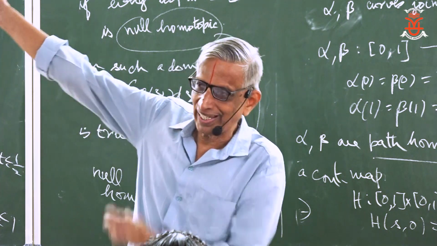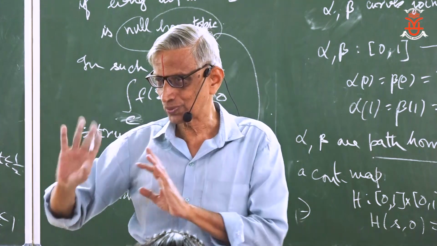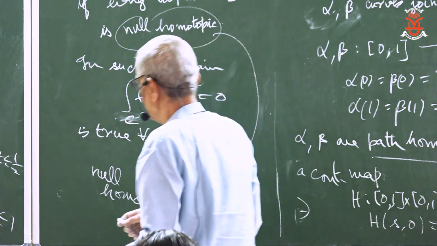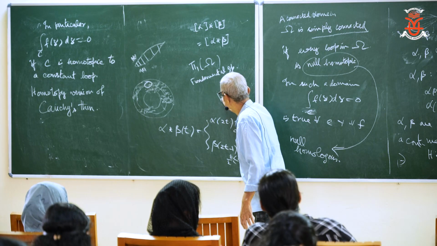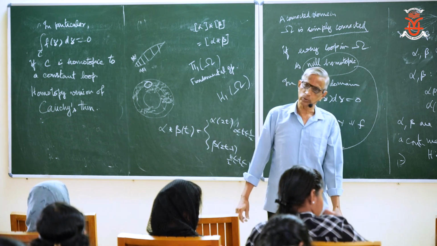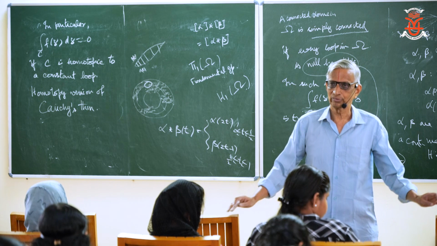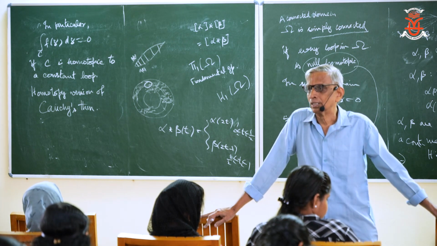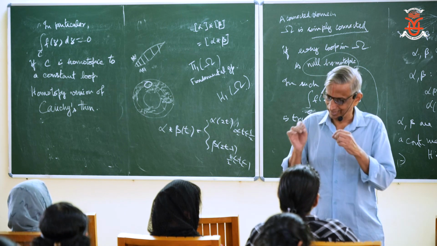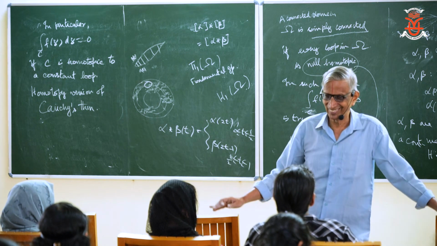There is a pi n for every n, the higher homotopy groups. We will not talk about that. There are also what are called the homology groups. So H1 of omega is the first homology group of omega. I am not going to say anything about that, even roughly. Okay.